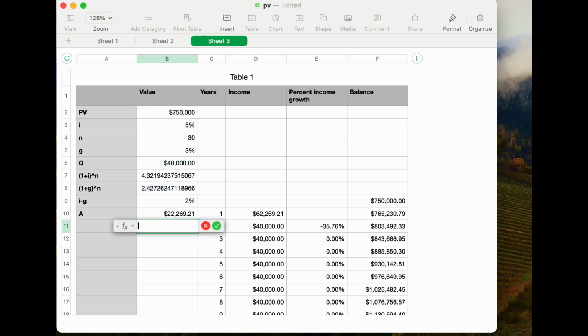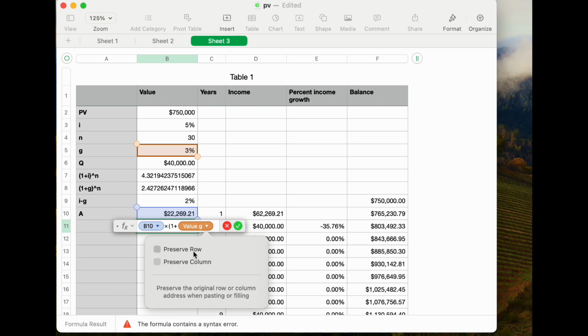So we'll want this times 1 plus G. We'll preserve that row.